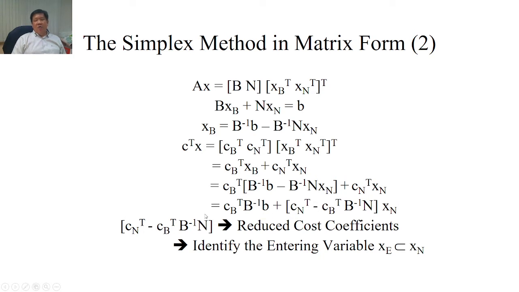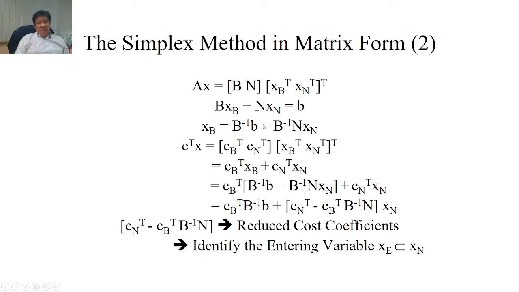This is a well-known formula for what we call the reduced cost coefficients. What is the meaning of the reduced cost coefficients? Now you can see that you write c transpose x, which is the objective function, in terms of the non-basic variables. It's well known that the property of a non-basic variable is that it has to be equal to 0.